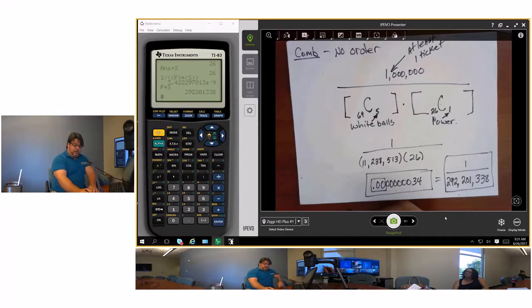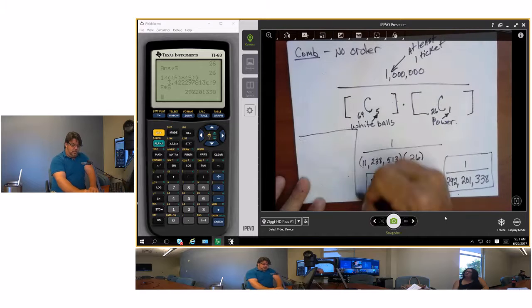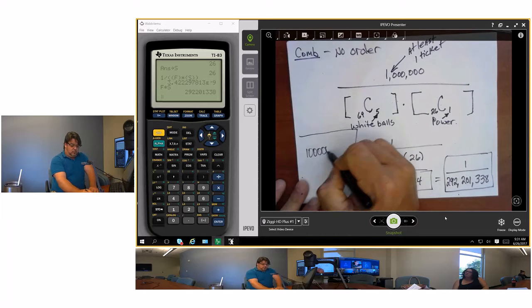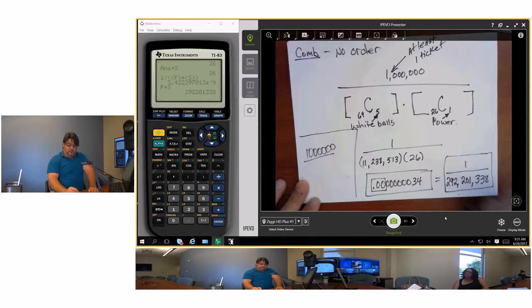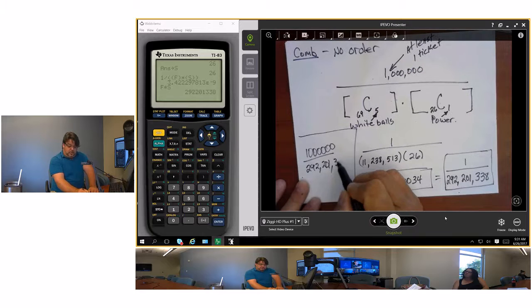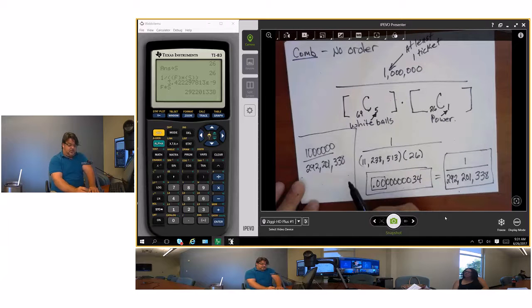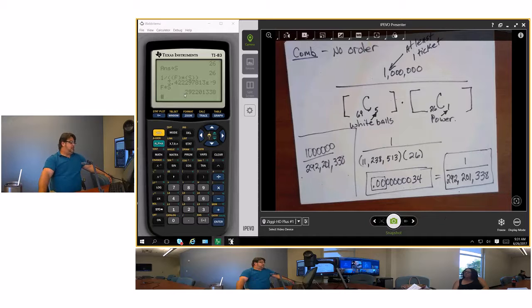So that would be 1,000,000 over 292,201,338. Somebody tell me what that answer is. Well, I'll do it on the calculator. There's the answer right there. So that'd be 1,000,000 divided by inverse second answer. Enter.